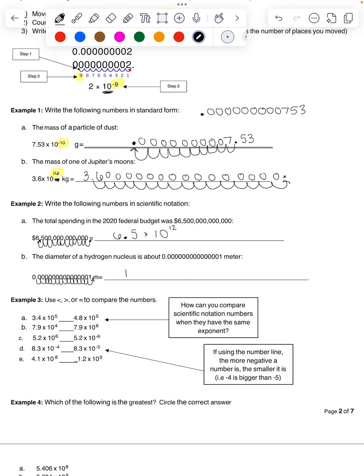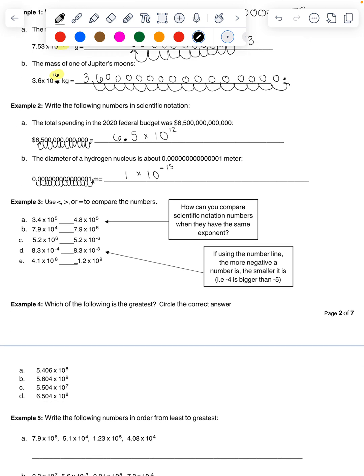So 1 times 10 to the negative 15. And if you forget which way gives the negative and which way is positive, just remember that if it has a negative exponent, it is a really, really small number. If it has a positive exponent, it is a very large number.